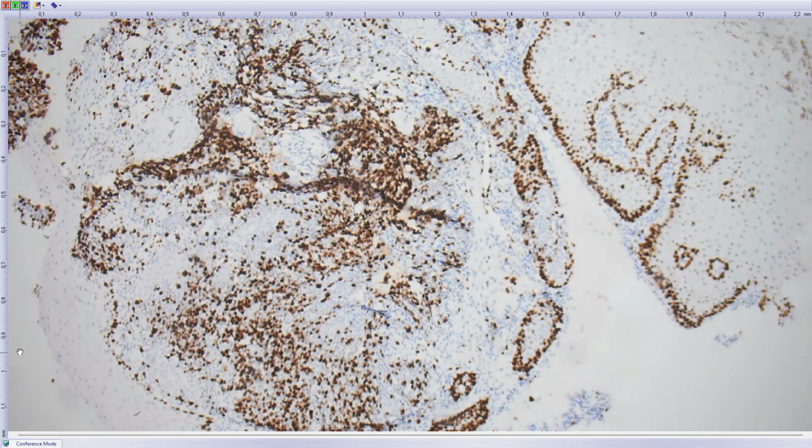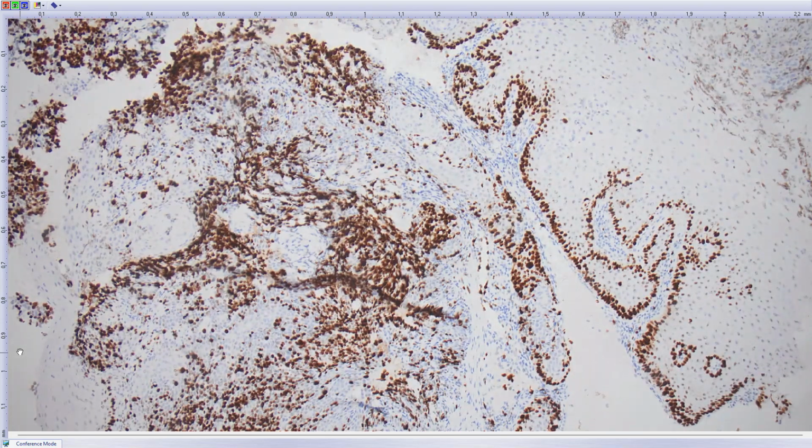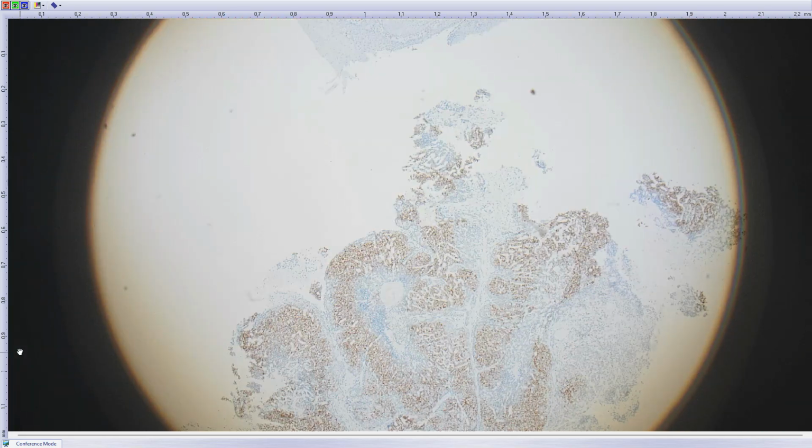It's a very high MIB1 Ki-67 index, so it's highly proliferative. But last but not least, I'll show you MYB immunostaining, which looks like this.